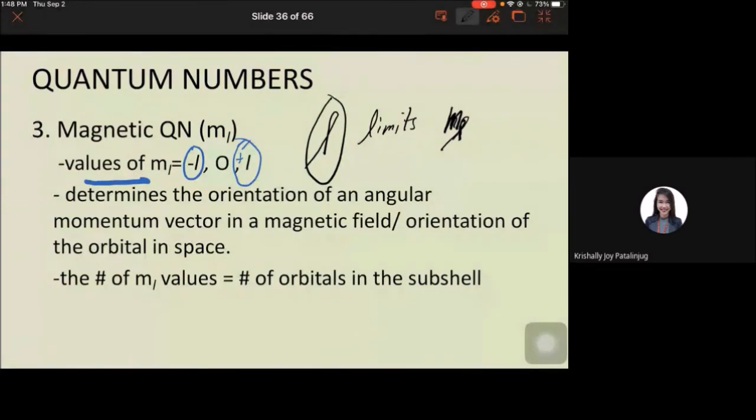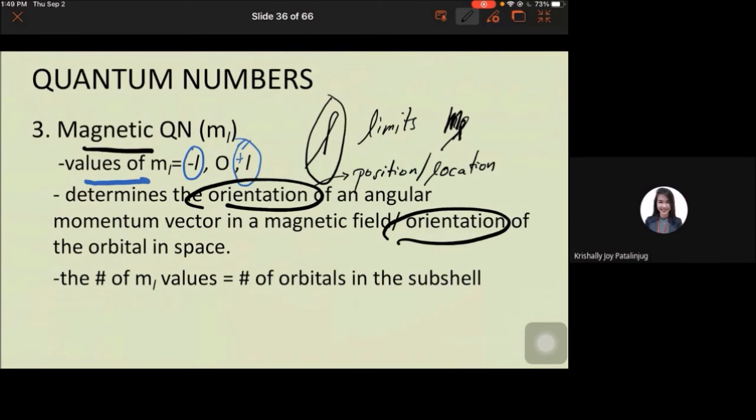Ngayon, what is the importance of magnetic quantum number? Key term natin dito is orientation. Orientation, that is synonymous to position or location ng atomic orbital. I repeat, orientation, position of the orbital in space, that is magnetic quantum number.